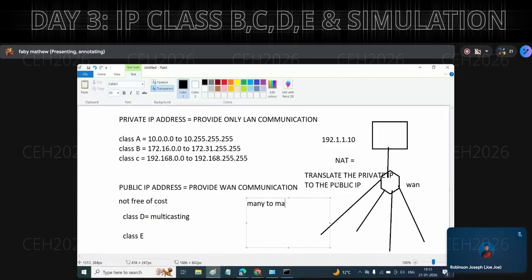Multicasting allows a single host to send data to thousands of hosts across the internet at the same time. No. Is it one to many, many to many, or one to many? One to many, sir. One to many or one to all?